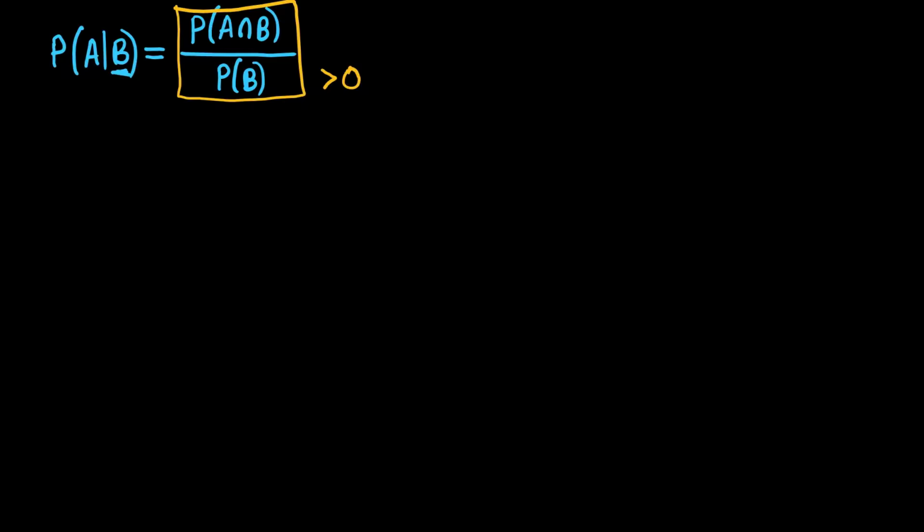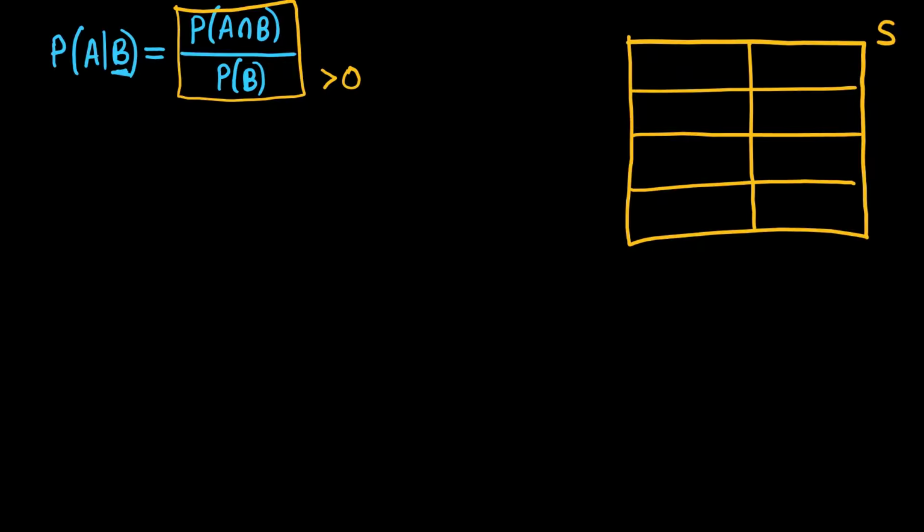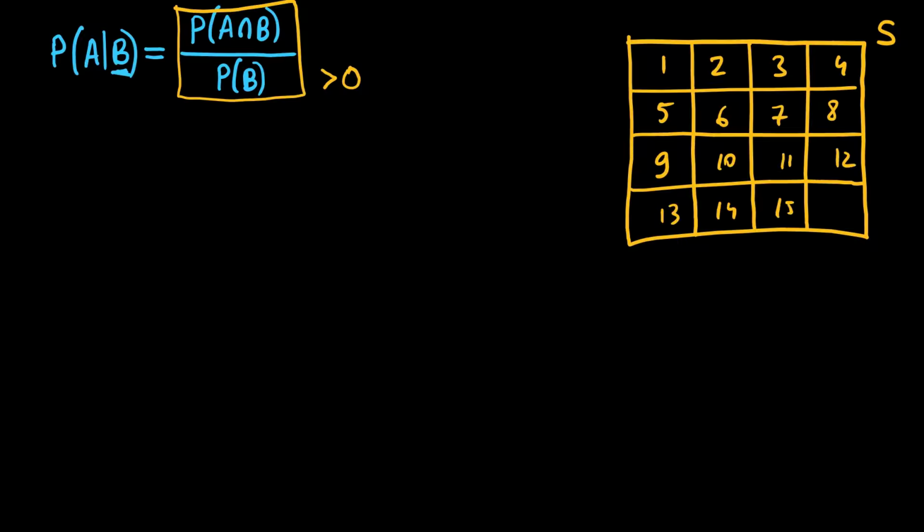Okay, let's take a little example and think about what it's telling us. So suppose we had a sample space that consisted of, let's say, 16 outcomes. So these could be numbered 1, 2, 3, 4, 5, 6, 7, 8, 9, 10, 11, 12, 13, 14, 15, and 16.